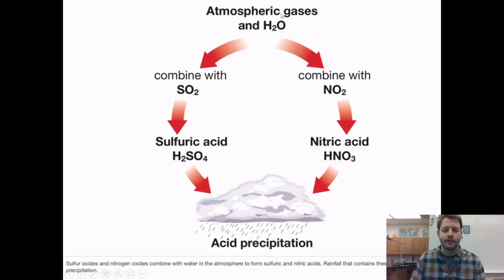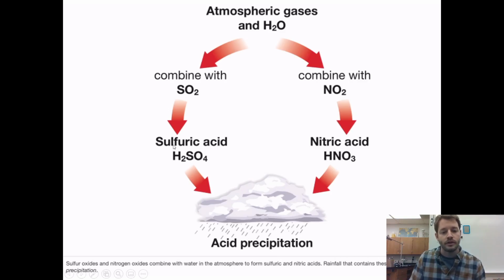You have your atmospheric gases and water. They combine with common pollutants of sulfur dioxide and nitrogen dioxide. Sulfur dioxide is released from the burning of coal that has a lot of sulfur impurities in it, such as pyrite, and nitrogen dioxide is formed from high temperatures that are often achieved in furnaces and automobile engines.